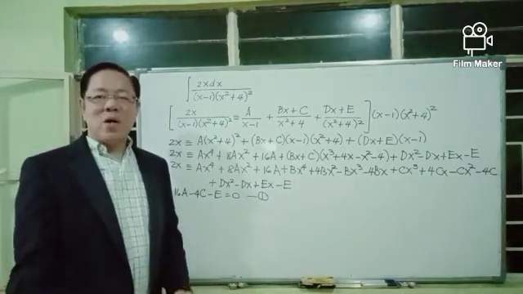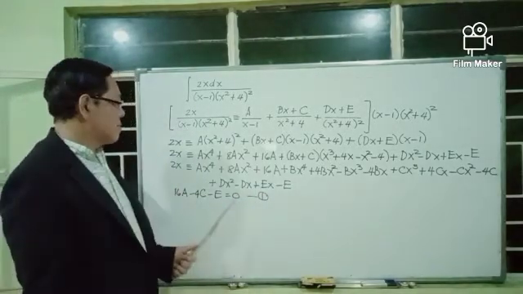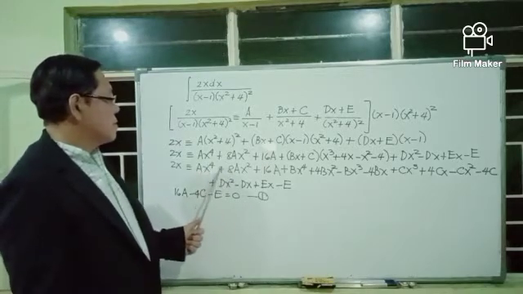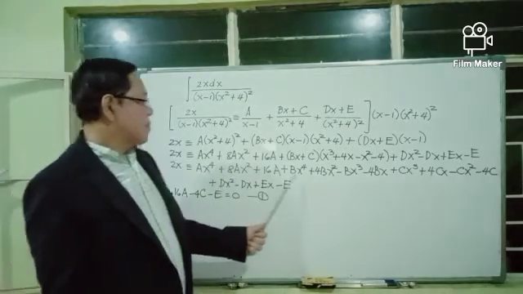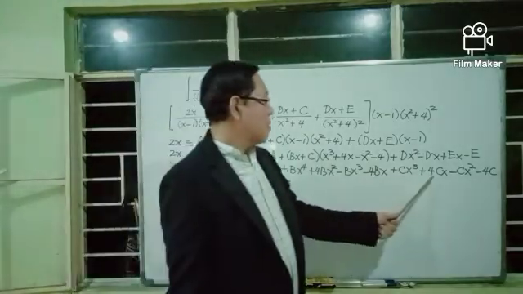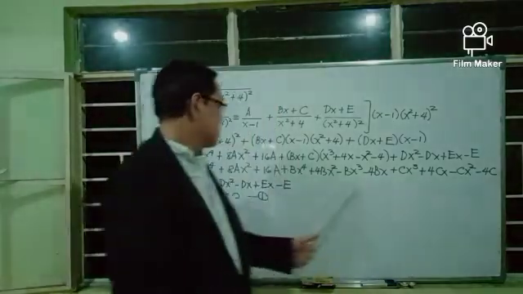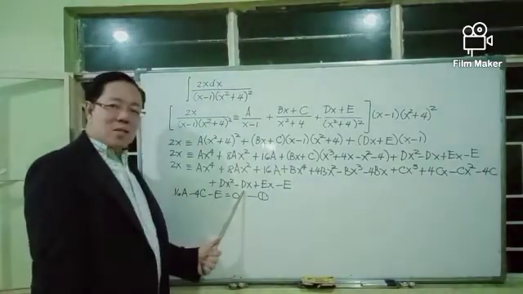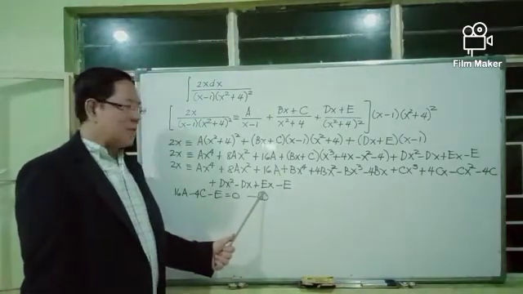Now we consider the coefficients of x. We have minus 4b plus 4c plus minus d and plus e.